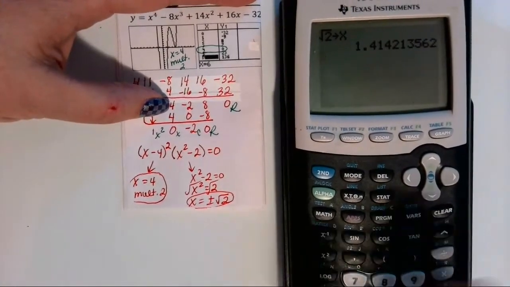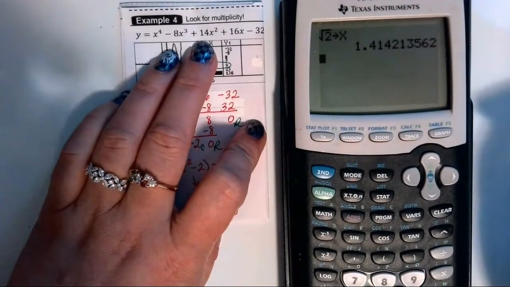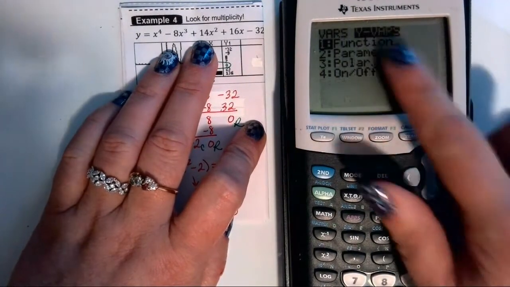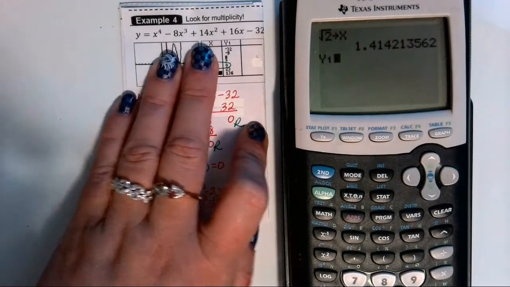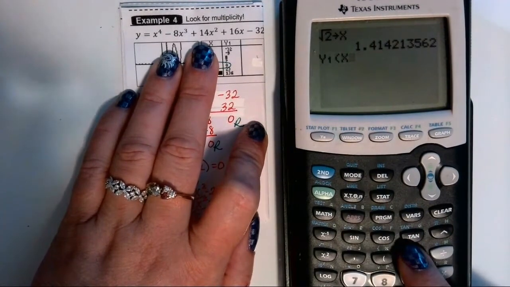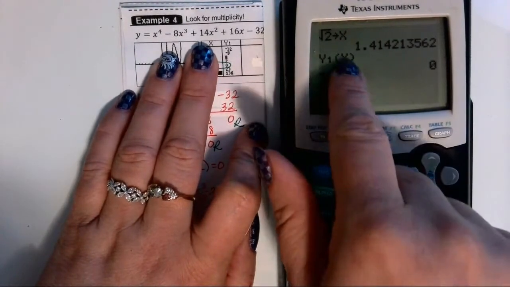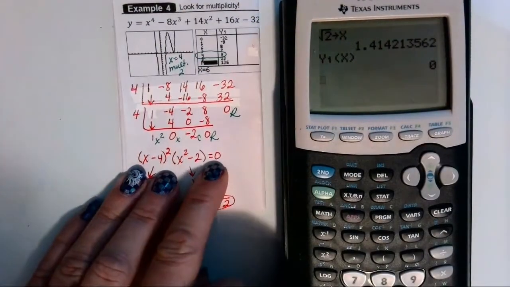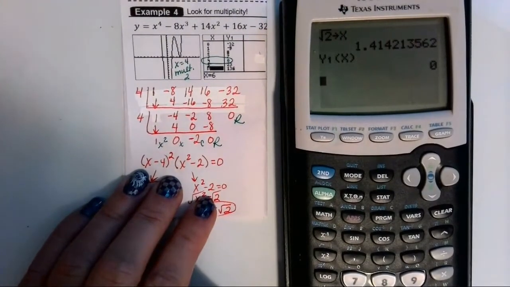Then I'm going to put that into my original polynomial, which, if I go to my variables, over to y variables, remember we have that stored as y1. So I'm going to take y1 and evaluate that with an x. And so y1, they substitute in the square root of 2. Everywhere I see an x, I get back 0, and that's what I needed it to be, and so I know that is a 0 of my polynomial.